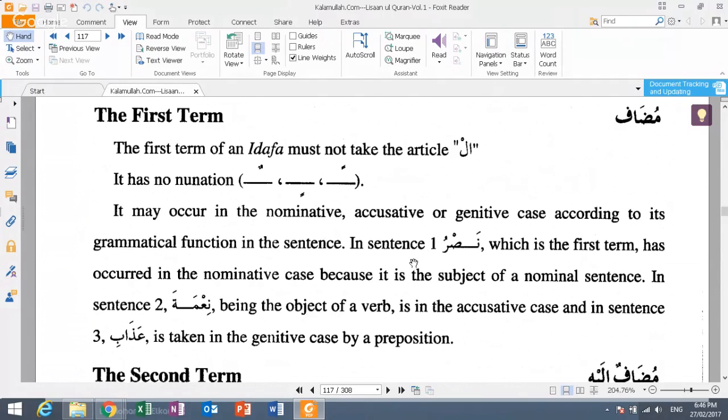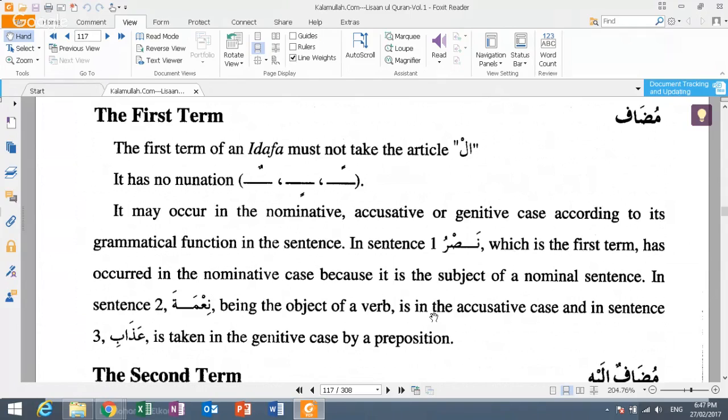In sentence 1, nasr, which is the first term, has occurred in the nominative case because it is the subject of a nominal sentence. Clear? This is the Mubtada. In sentence 2, ni'mata, being the object of a verb, is in the accusative case. Shakartu ni'matallahi.